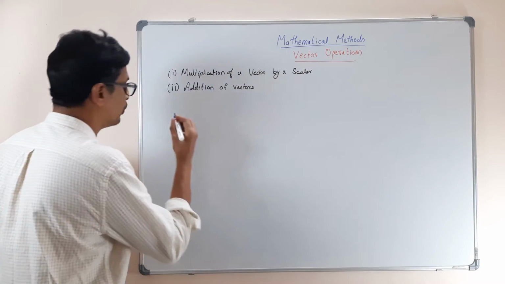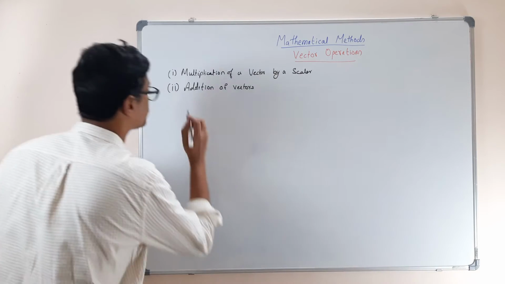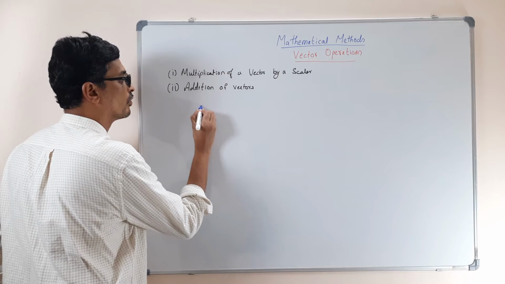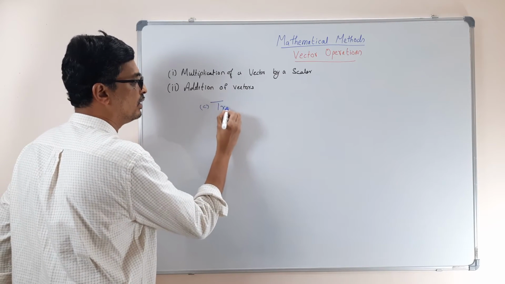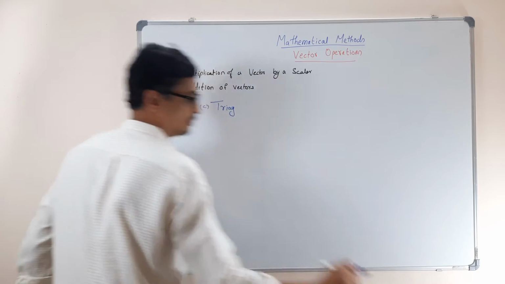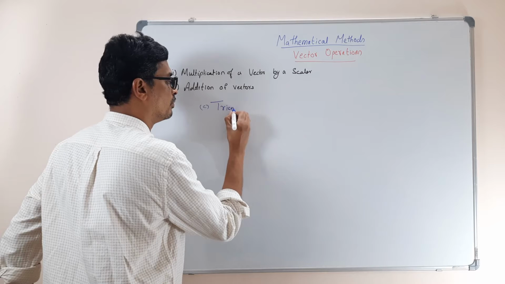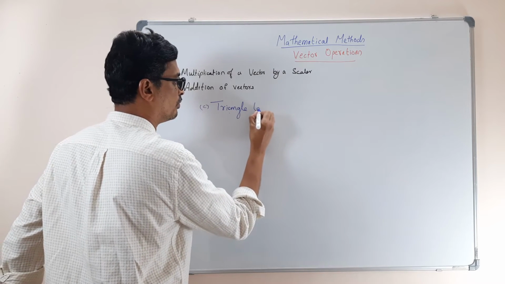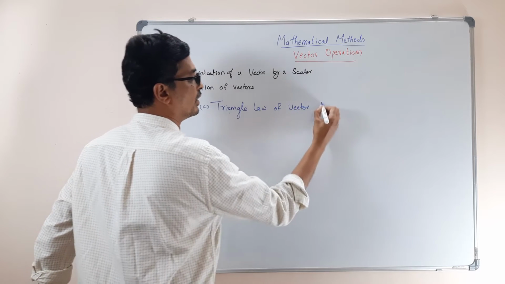What we call the triangle of vector addition. I'll write it as C. I wrote already the 2 1. Triangle of vector addition.